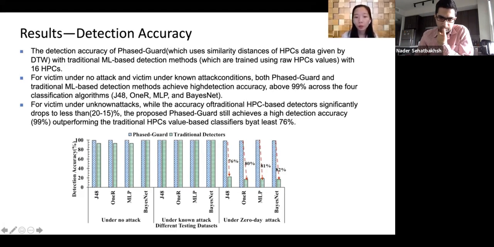When we test with the zero-day attacks data set, we can see the accuracy drops significantly by around 80% across the 4 different classifiers, which means the prior detectors cannot detect zero-day attacks, while our proposed method has the ability.